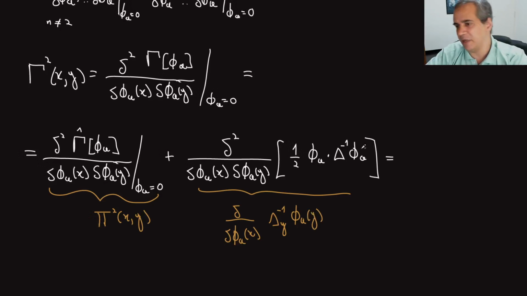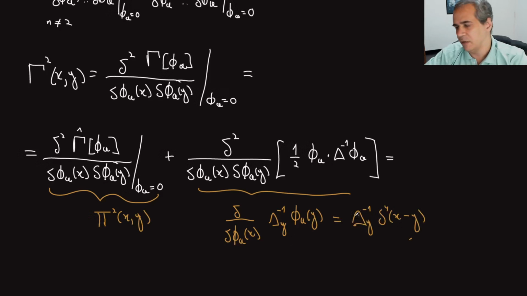I can apply it here, apply it there, and I get rid of the half. The second derivative will of course act here and give me the effect of this derivative on a Dirac delta of x minus y.